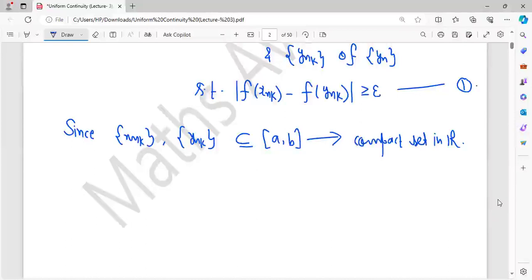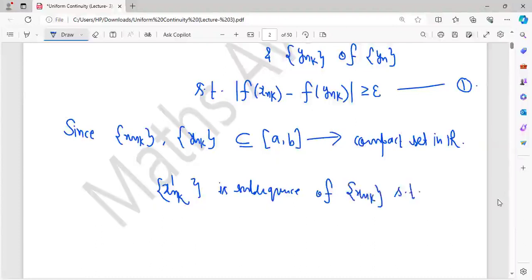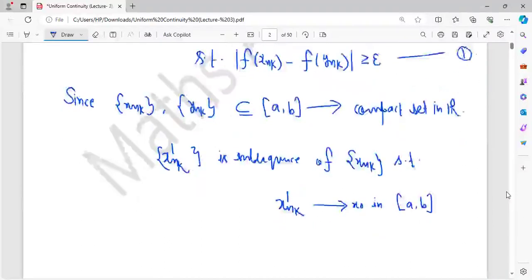So xnk1 is a subsequence of xnk such that xnk1 tends to some x naught in [a, b], because any sequence in a compact set always has a convergent subsequence.